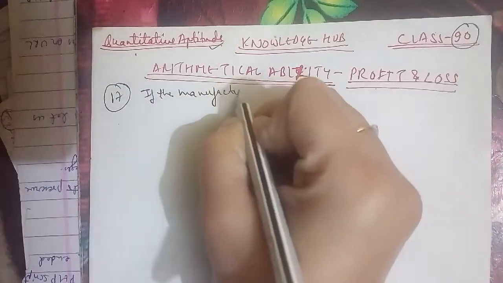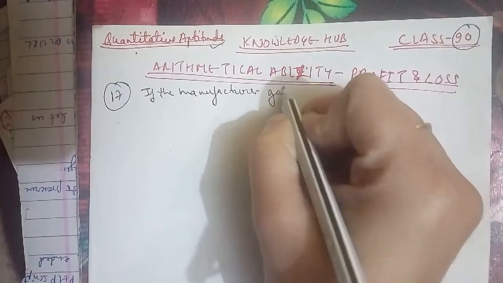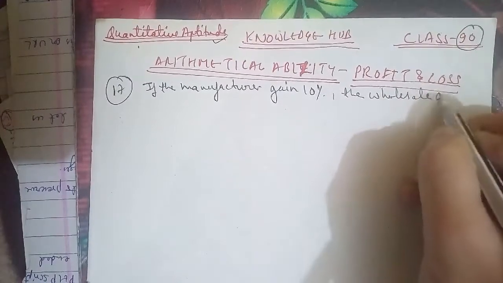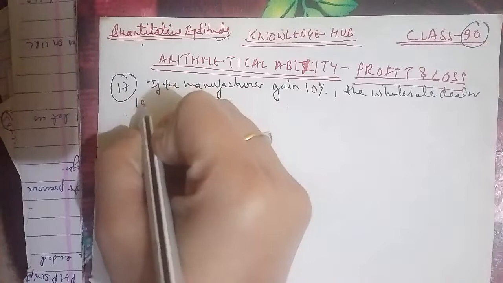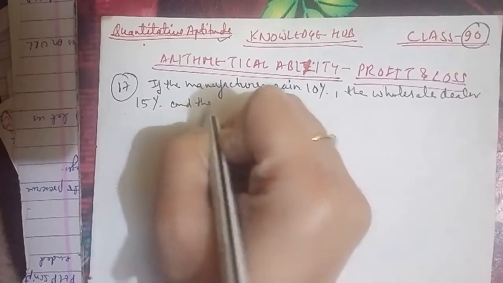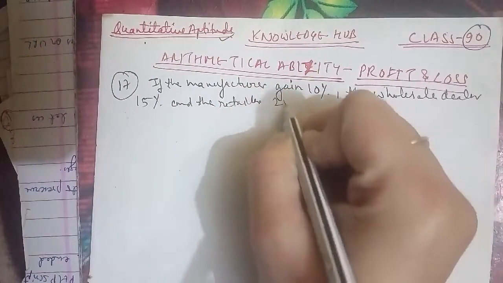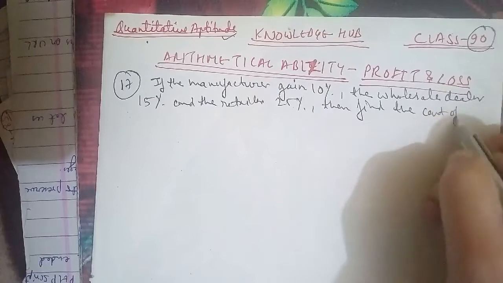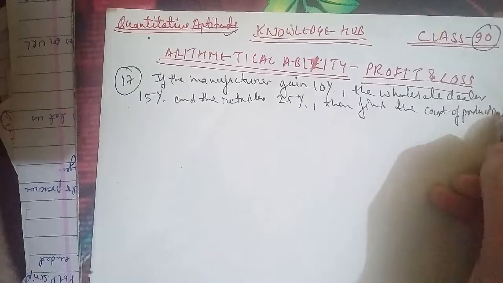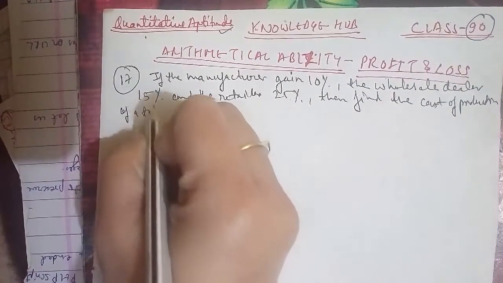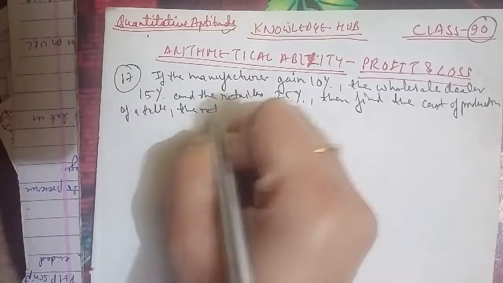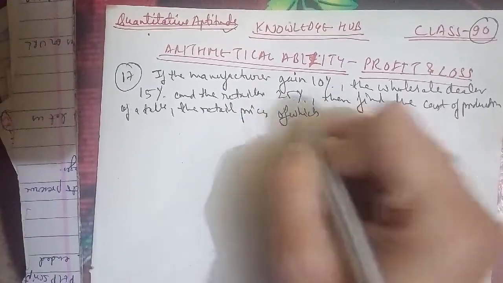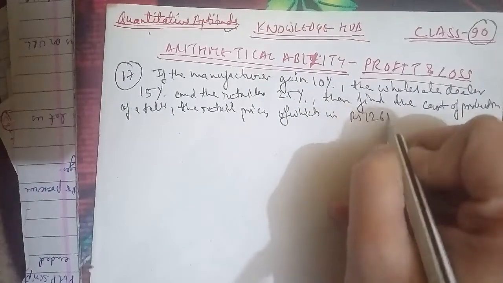If the manufacturer gains 10%, the wholesale dealer 15% and the retailer 25%, then find the cost of production of a table, the retail price of which is rupees 1,265.